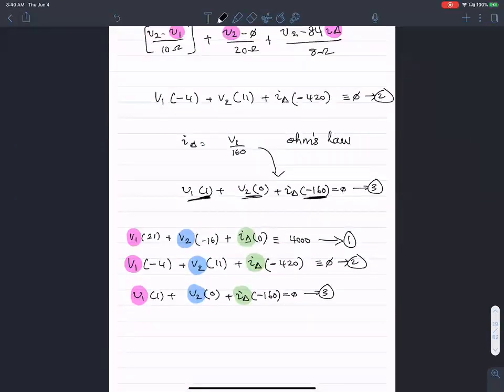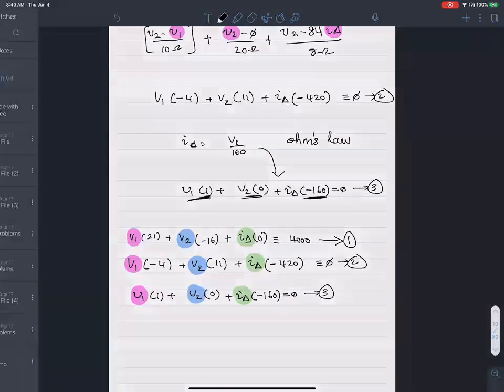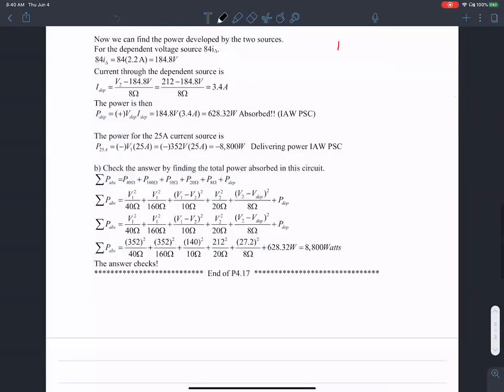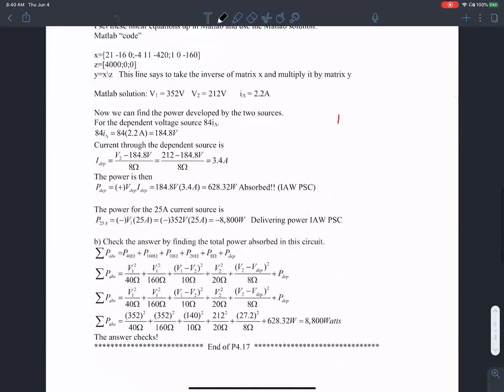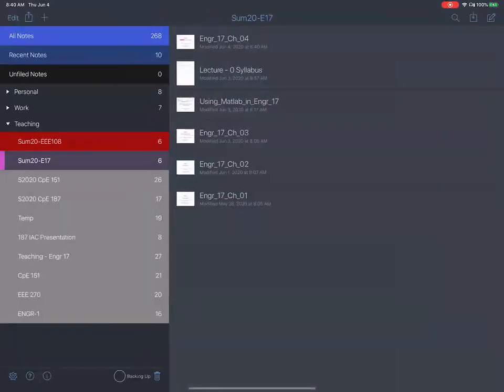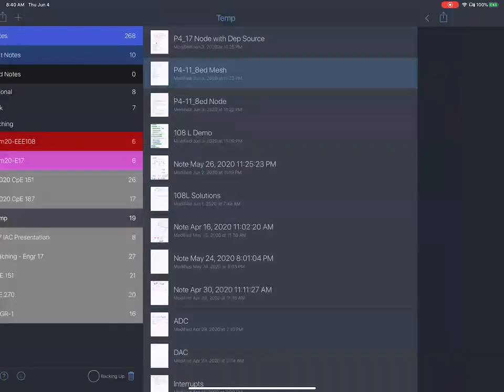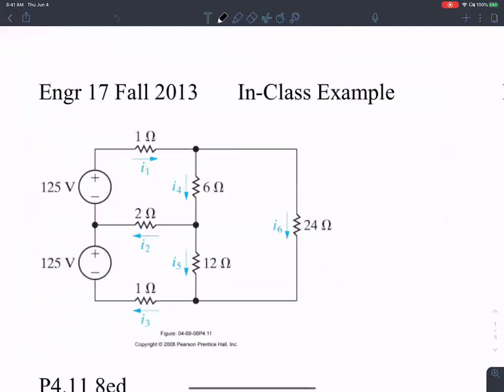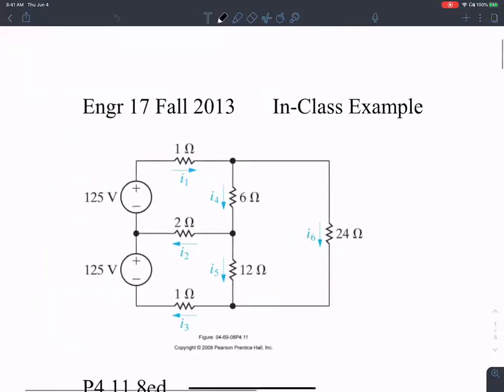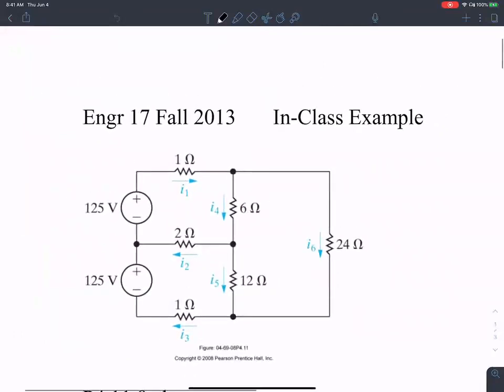Everybody on the same page with the first problem, right? Yes, sir. Okay. So let's go here.